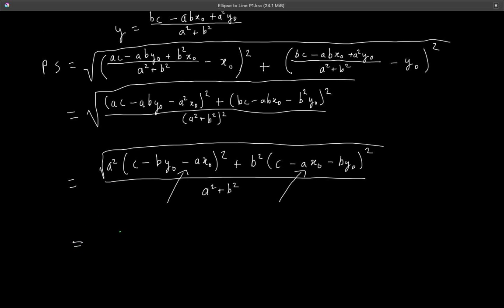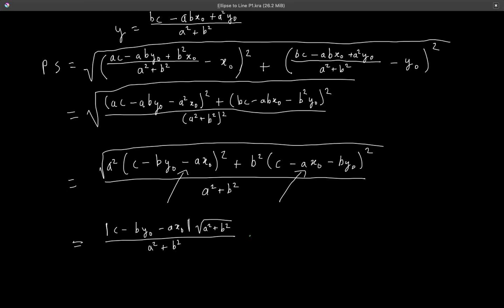So this is going to give us the absolute value of c minus by0 minus ax0, times the square root of a squared plus b squared, divided by a squared plus b squared on the bottom.